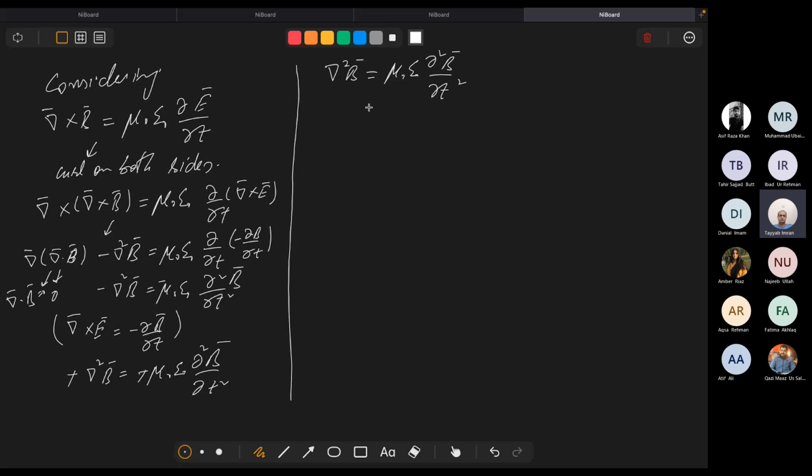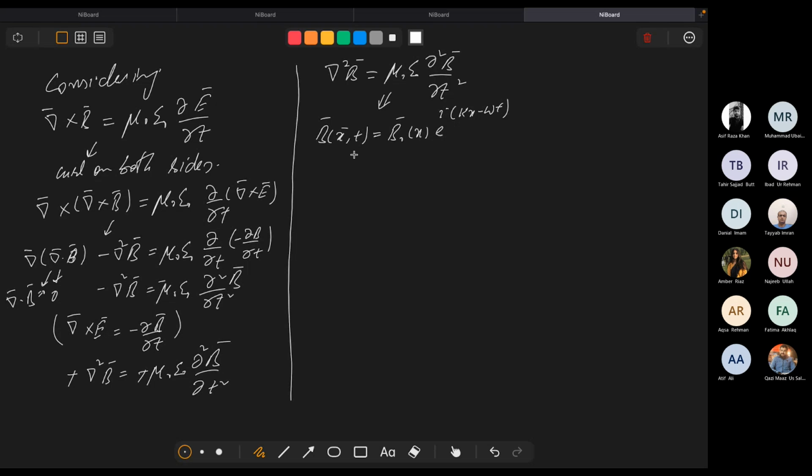The solution of this equation can be like this, okay, this is for the magnetic field.